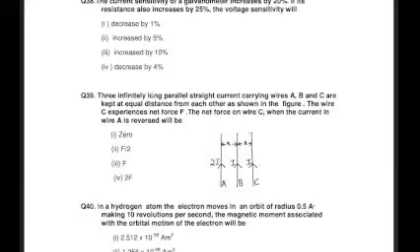Question number 39. Three indefinitely long parallel straight current carrying wires A, B, C are kept at equal distance from each other as shown in the figure. The wire C experiences net force F. The net force on wire C when the current in wire A is reversed will be: 1. 0, 2.